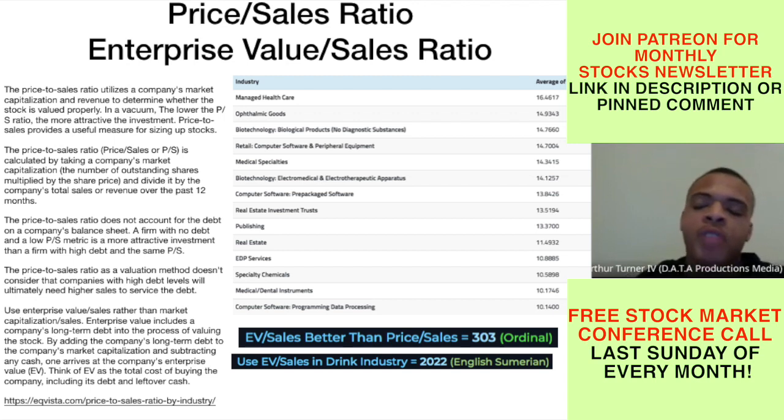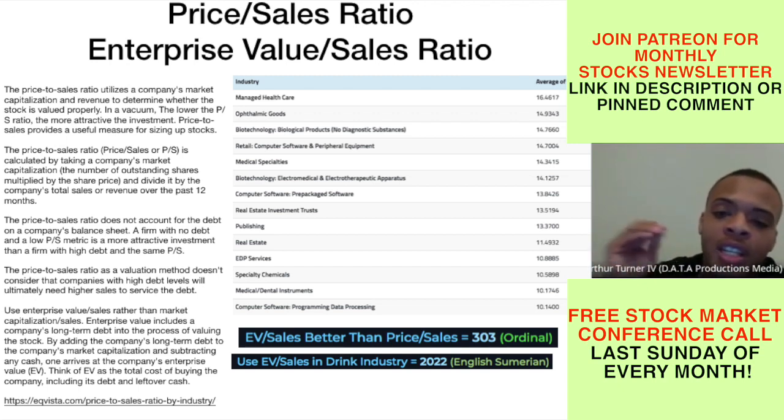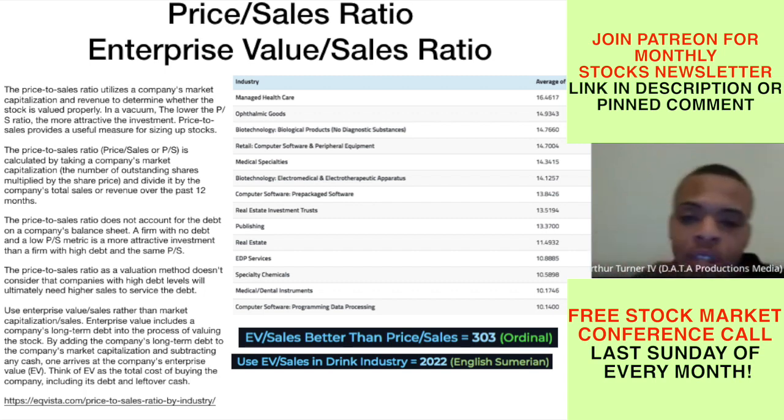So that's the difference between price to sales and enterprise value to sales: it includes the debt the company has as well. Say the market capitalization is $20 million, but they have $20 million in additional debt. That means the enterprise value is $40 million. So that's what it takes to buy out the company with the debt.